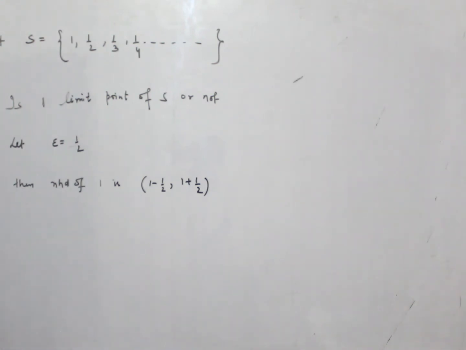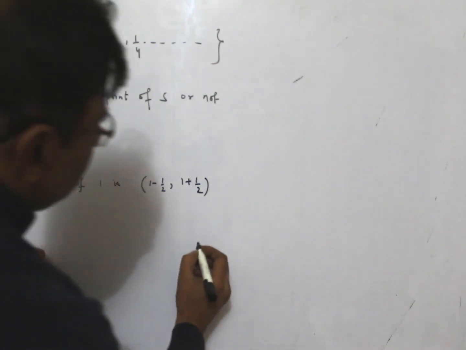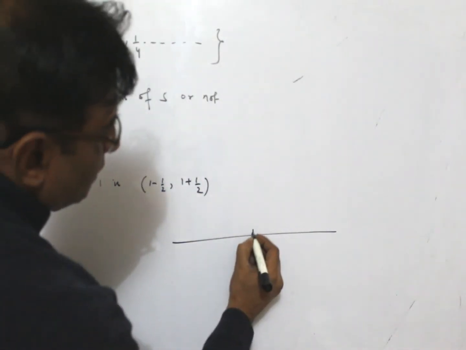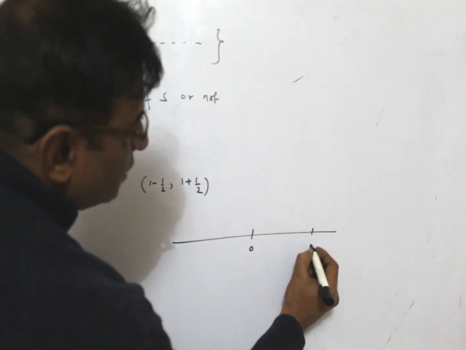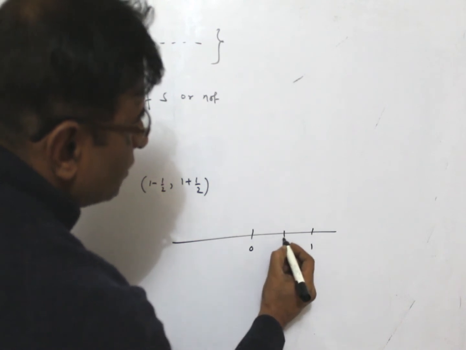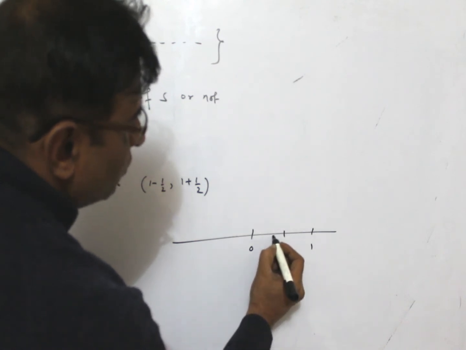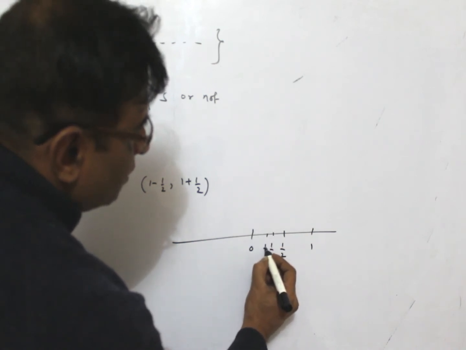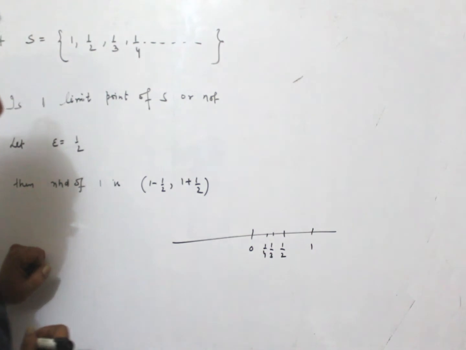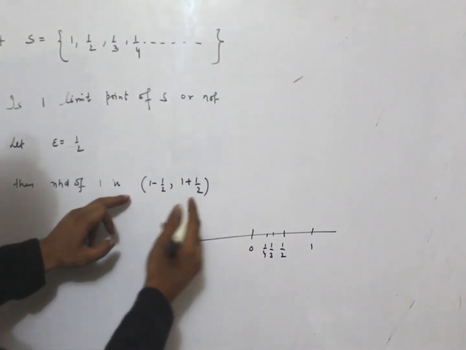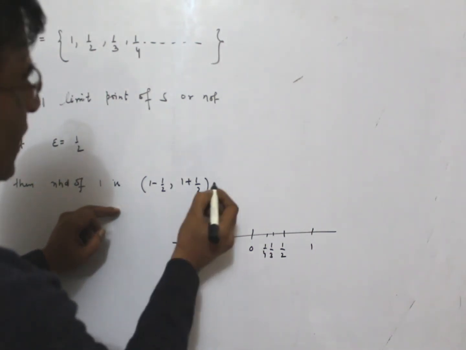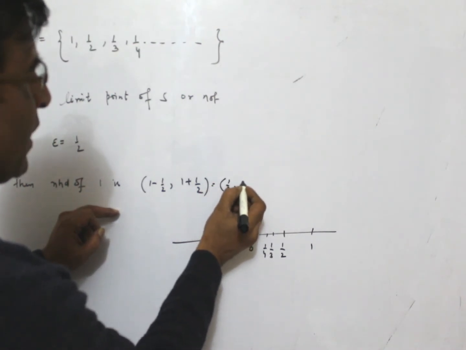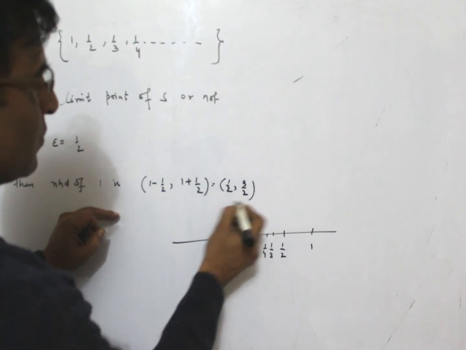So if I draw the set S, this is 0, this is 1, this is 1 by 2, this is 1 by 3, this is 1 by 4. Now this neighborhood, if I draw, is finally 1 by 2 and 3 by 2.